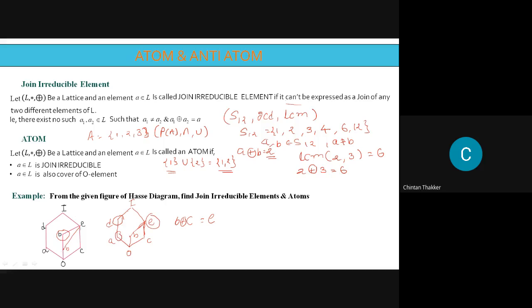In A, we also have only one line coming from the downside. For B, only one line from the downside. At C, we have only one line from the downside. So these four elements A, B, C, and D are join irreducible elements.